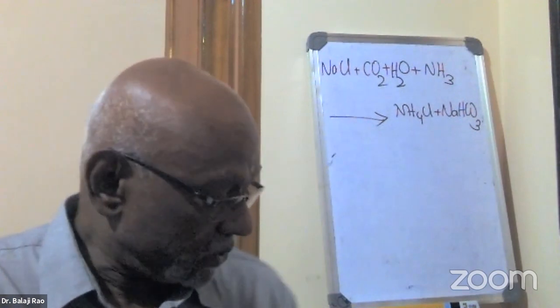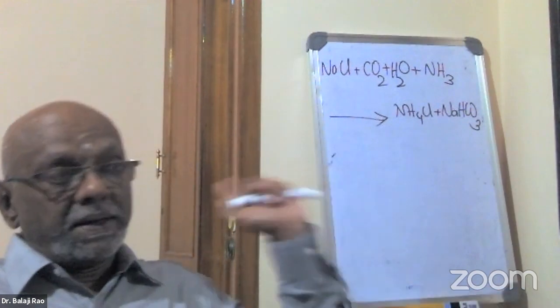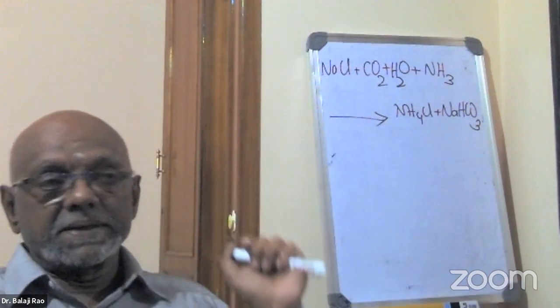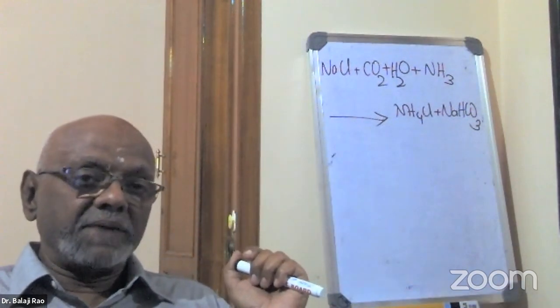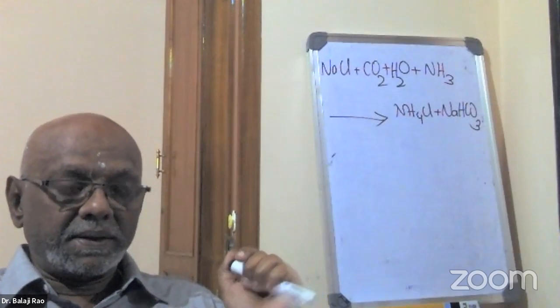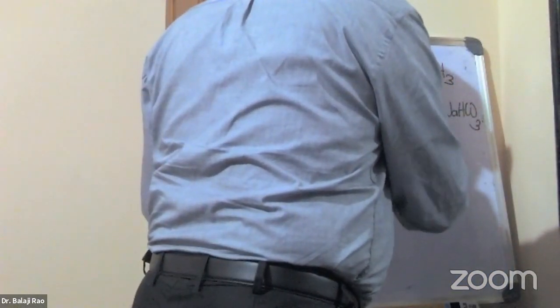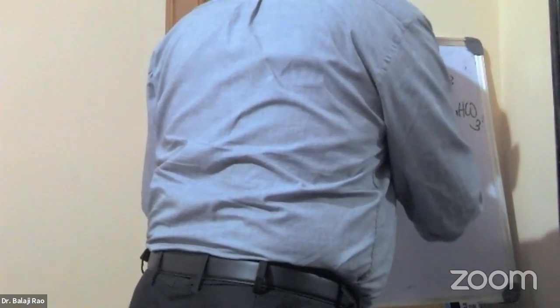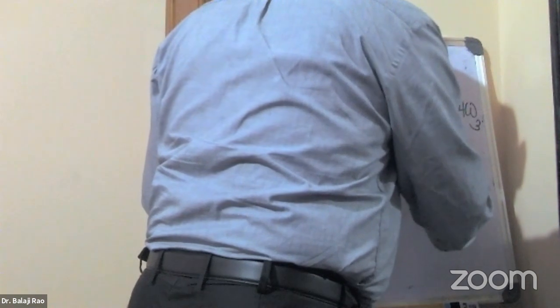Now, sodium bicarbonate is a salt of, as you can see, a strong base and a weak acid. It is a salt of sodium hydroxide and H2CO3, carbonic acid. We have already mentioned this name earlier.